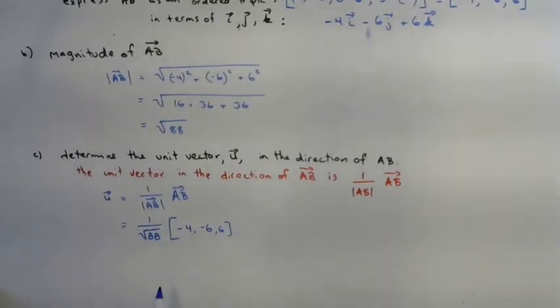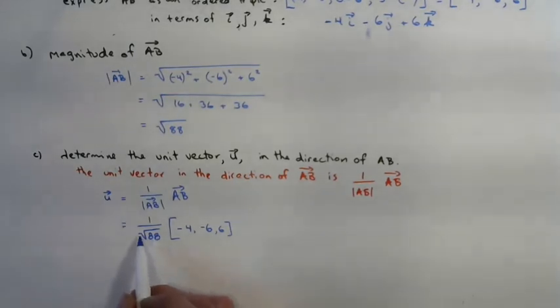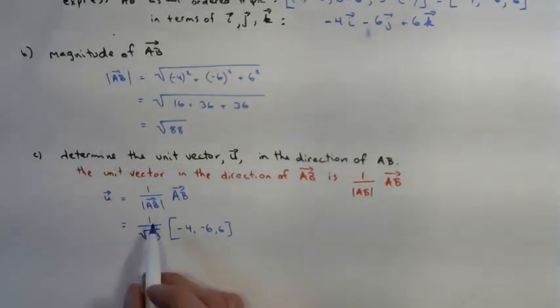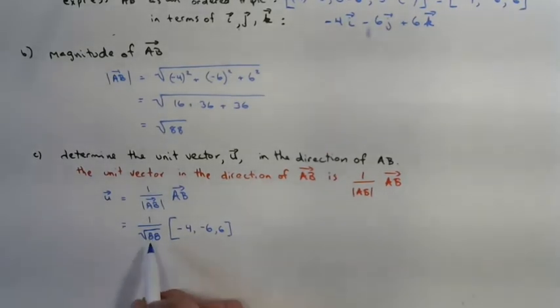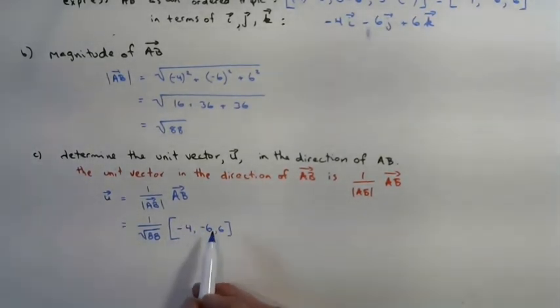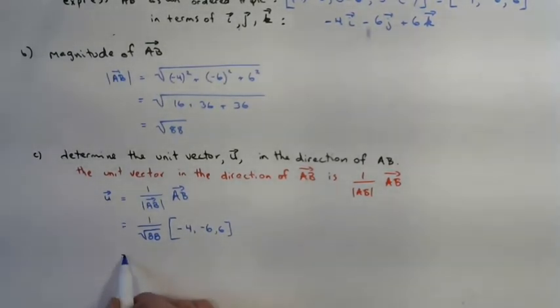There's two ways that we can do this. First, we can simplify this radical, which will make it a little bit easier to reduce these values when we distribute. So why don't we do that first?